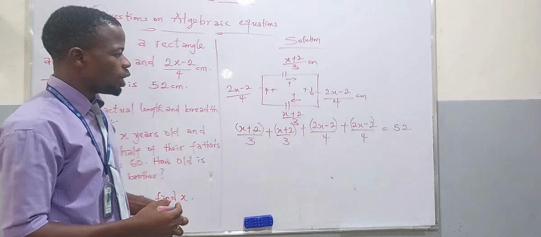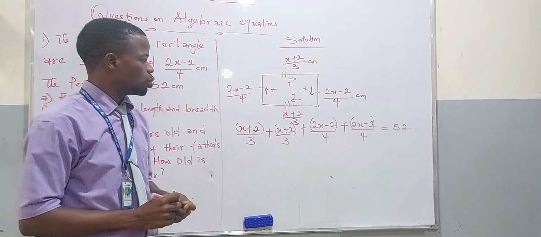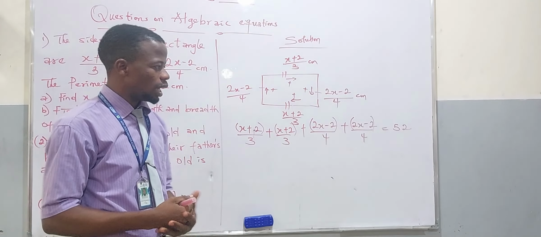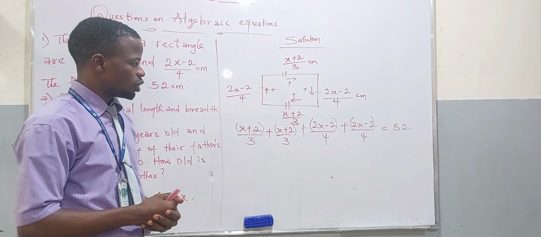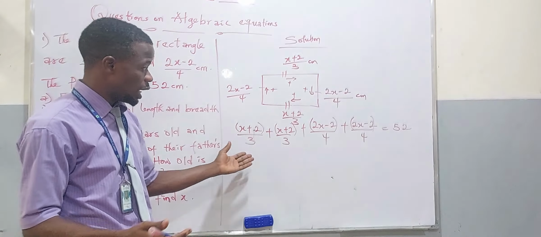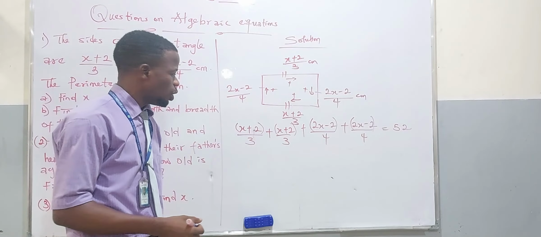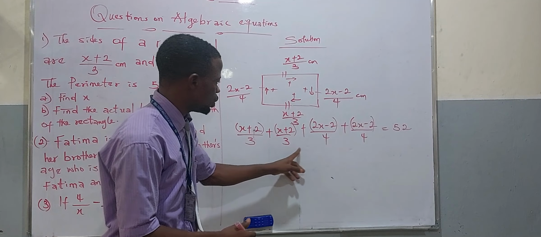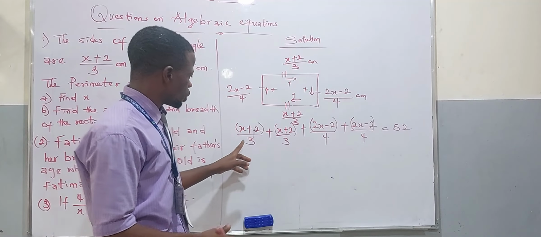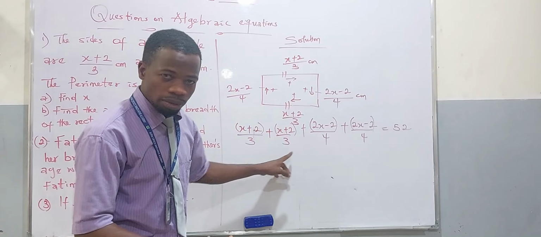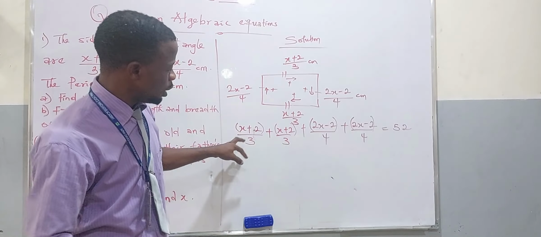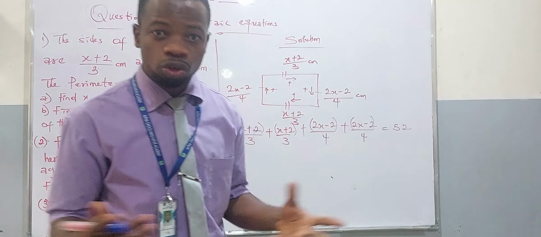If we are to add all this together, it will take some time. You can do that, add the fractions. They are fractions, right? But why not use the LCM? We have 3 occurring 2 times, 4 also 2 times. So the LCM of 3 and 4 is what? It is 12.